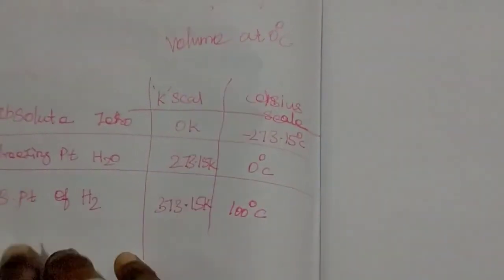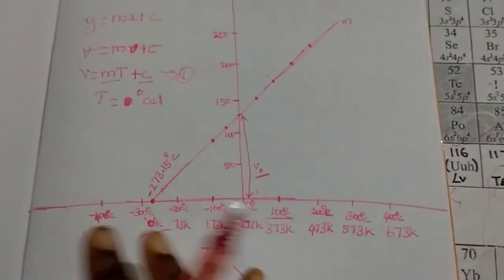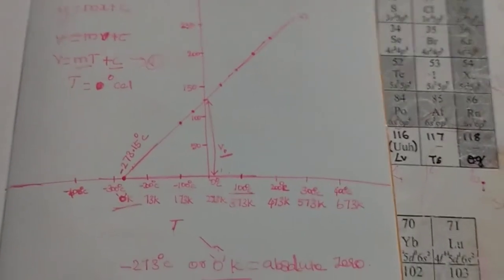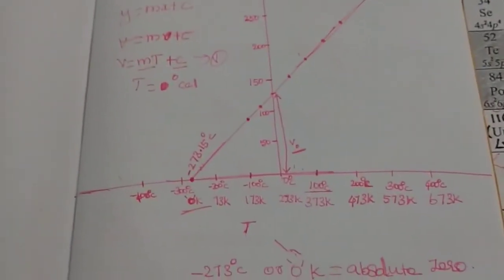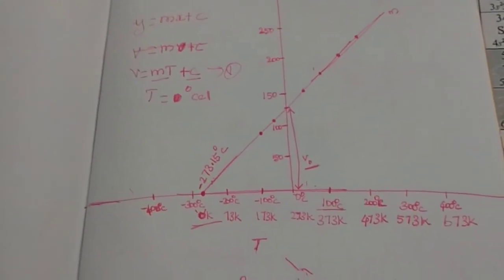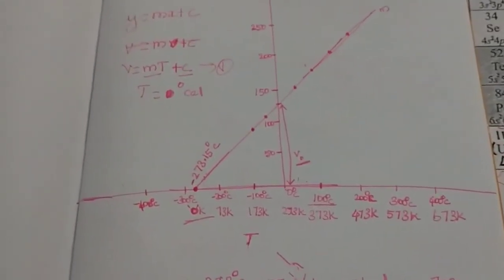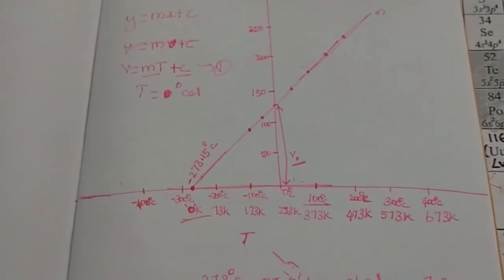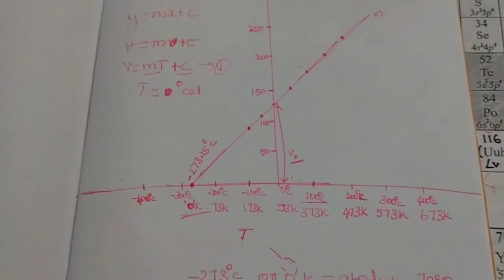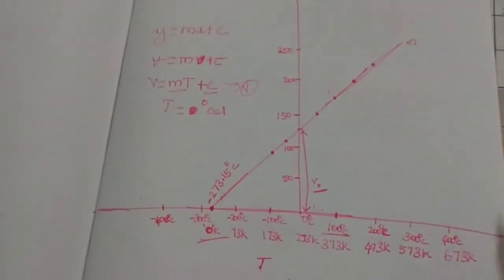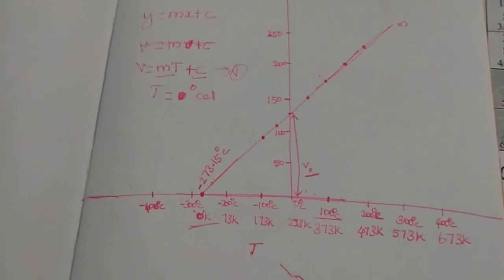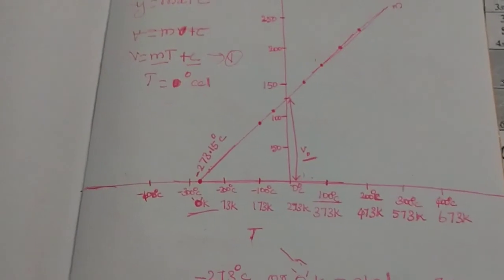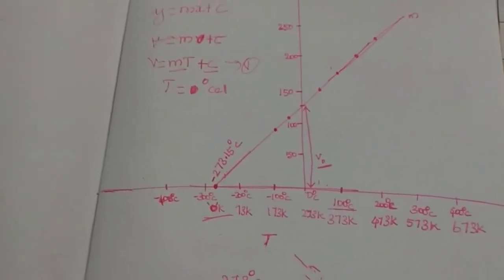That graph is important, so draw it and practice it with the equations, and find out what absolute zero is. You should know its place in the Kelvin scale and the Celsius scale, and that table of Kelvin and Celsius values. They may ask questions about absolute zero, and to write or define Charles law.